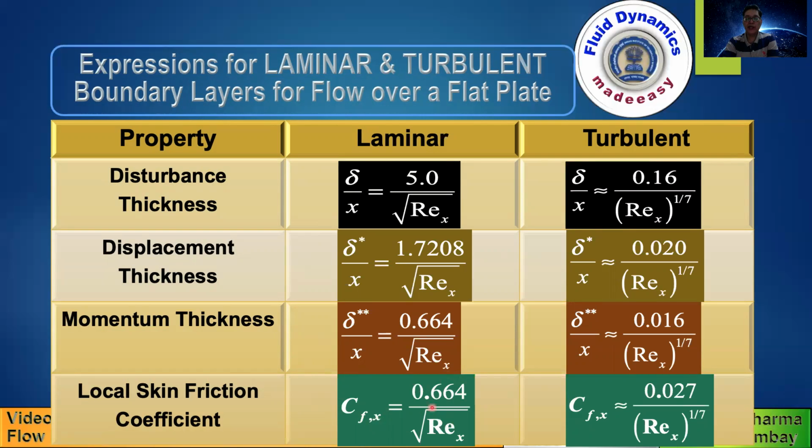From similarity analysis, the constant of proportionality has been obtained as 0.664 for laminar flow, and for turbulent flow, instead of the square root it is the 7th root, and the constant of proportionality is 0.027. So here I'm showing you the final expressions for the non-dimensional boundary layer thickness and non-dimensional wall shear stress for laminar and turbulent flow, which have been obtained using a similarity technique.